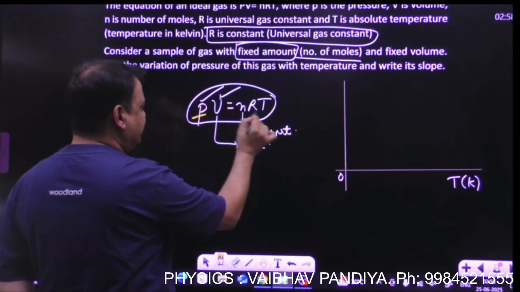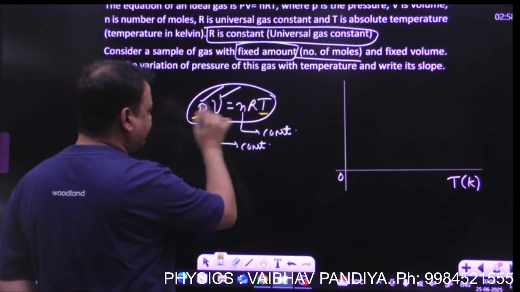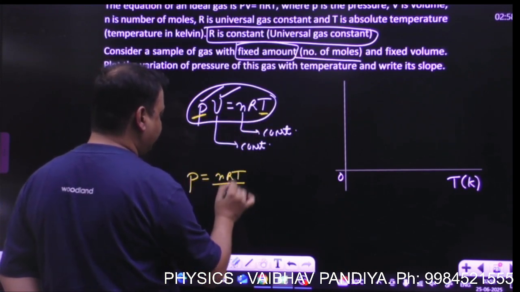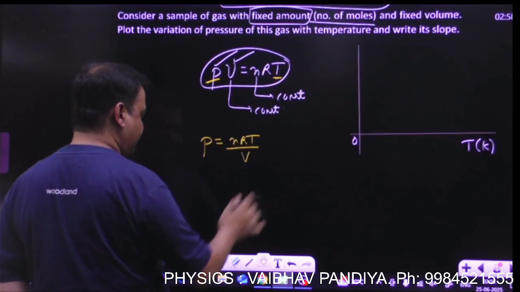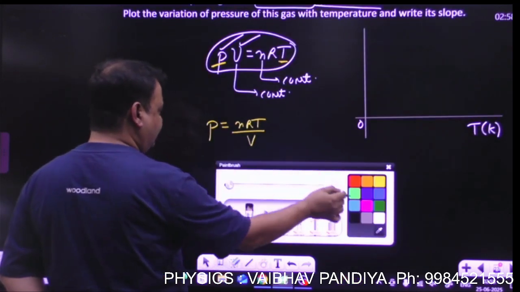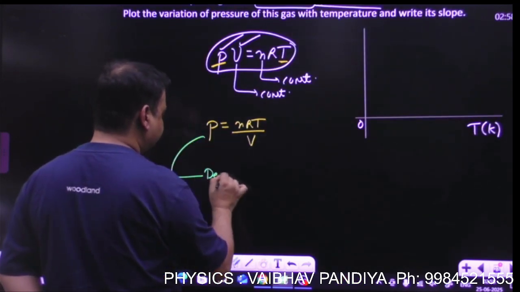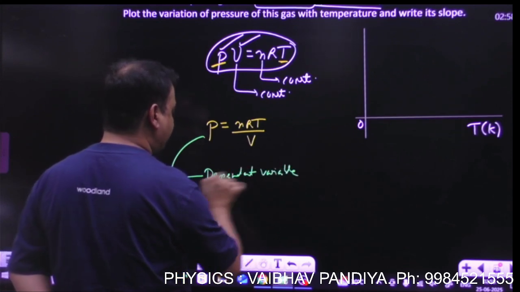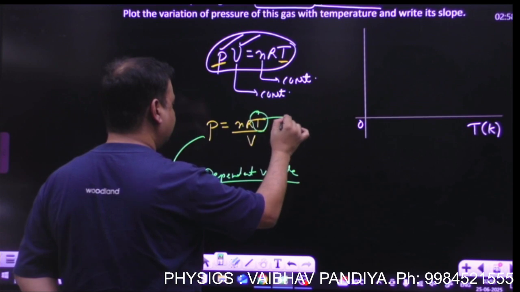So we have to plot P with T. So first of all, in this equation, make P the subject. So we'll get nRT by V, correct? nRT by V. Now this is basically the dependent variable, and this is what?